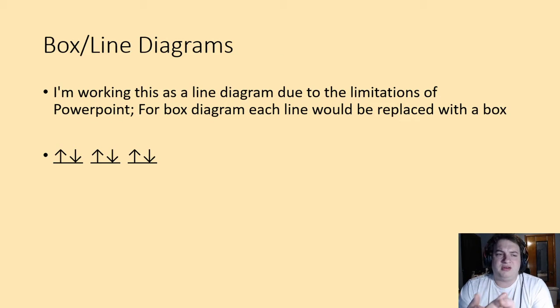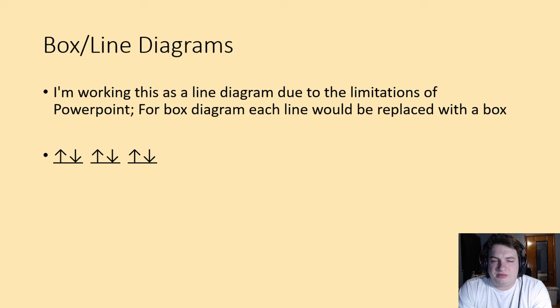For a box or line diagram, which I have illustrated below, we notice that we have a line, and that line has arrows on it representing the spin of our electrons. Each arrow in a box or line diagram represents an electron, and each arrow is showing the spin of that electron.